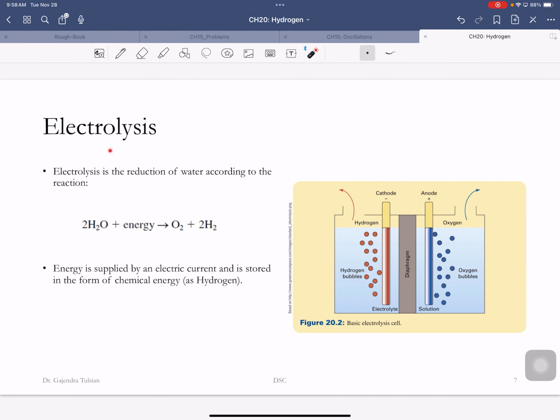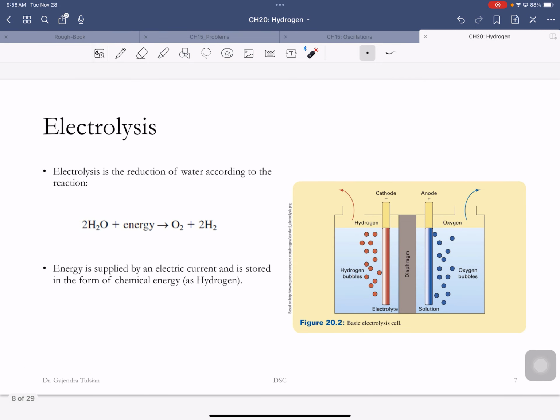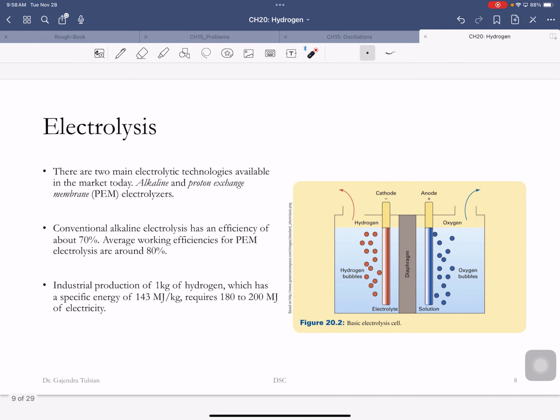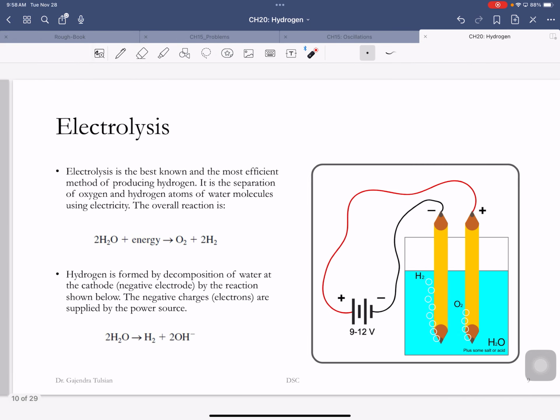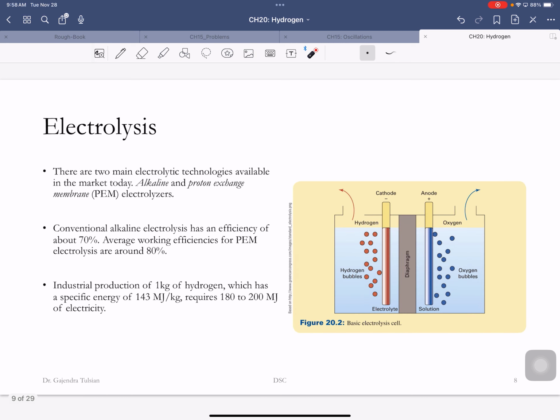So electrolysis, we'll talk about this first way of providing energy to produce hydrogen. There are two main electrolytic technologies, alkaline and proton exchange membrane.